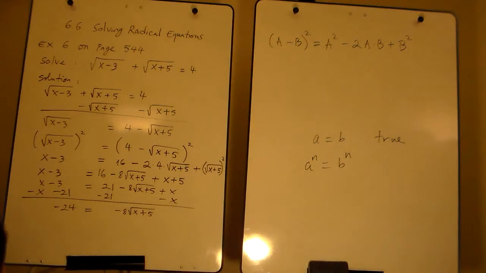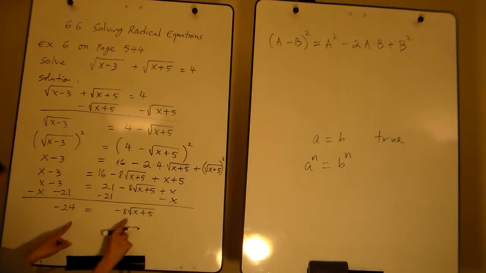Now we're left with only one radical, which is good. Not only that, you see that 8 and 24 can be simplified, because 24 is a multiple of 8, since 24 is equal to 3 times 8.